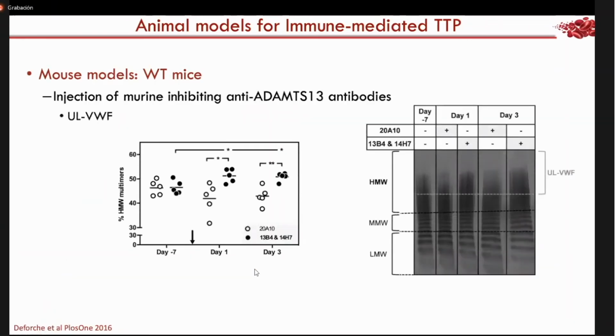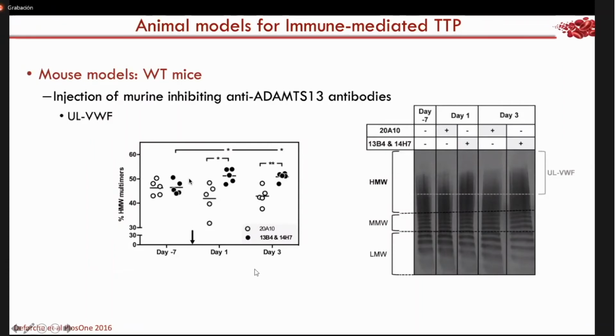If ADAMTS13 is deficient, we should see the ultra-large VWF appear, and that is what we see. In this experiment, we injected wild-type mice with the control antibody, 2810, the open circles, and then wild-type mice with the inhibitory antibodies, the black circles.